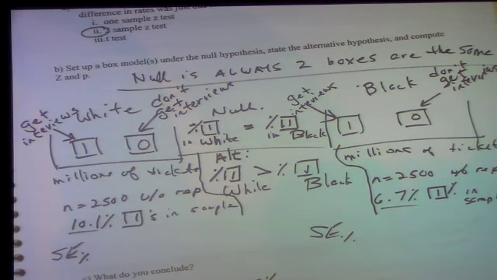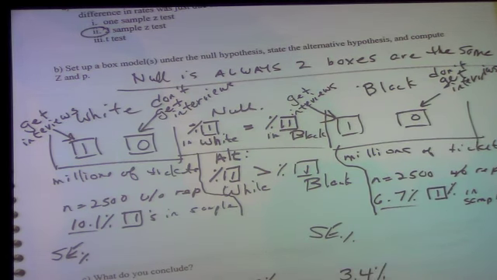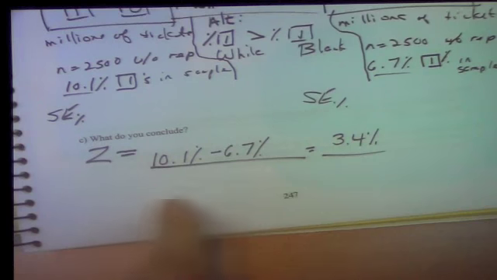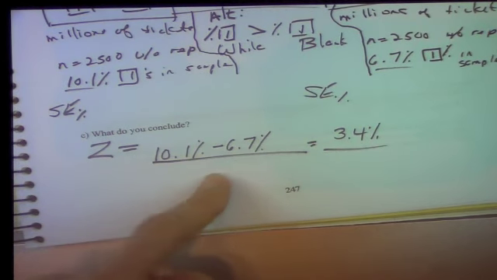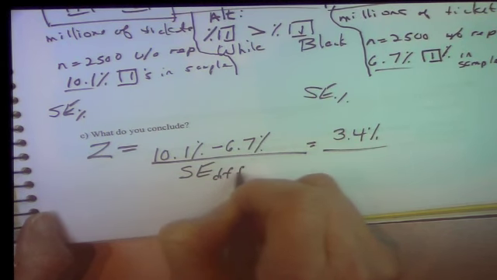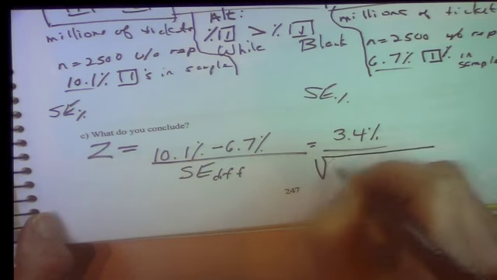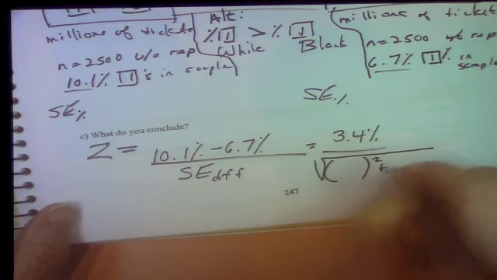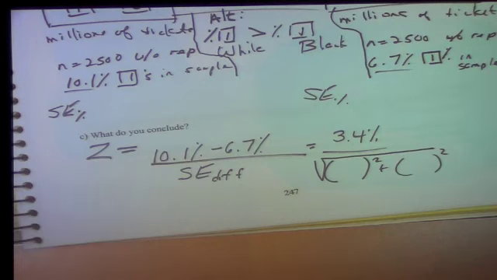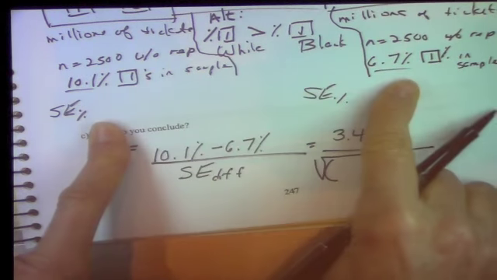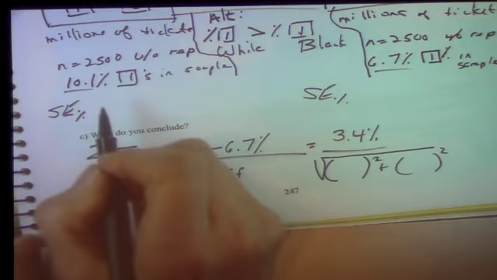So just think about this is your difference, and we just want to know if that 3.4 difference is big or small, right? But you have to figure out the standard error for the difference. That's the hard part. And you can set it up as you have to combine two standard errors. So it's going to look like that, okay? But you have to figure out these two standard errors here, one for the white and one for the black. So how are we going to do this?